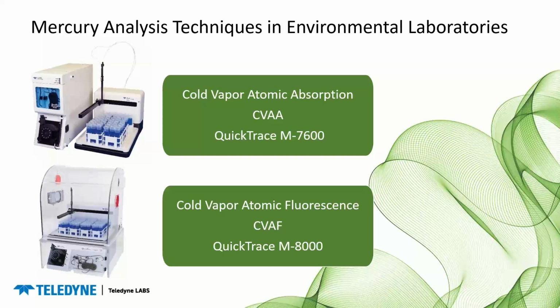Then I've got a list of questions to help you decide which technique is best for your laboratory situation. From there, I'll show you real-life examples from my laboratory using the QuickTrace M7600 and the QuickTrace M8000. I'll follow US EPA Method 245.1, which is an atomic absorption-based method, and then 245.7, which is an atomic fluorescence-based method.